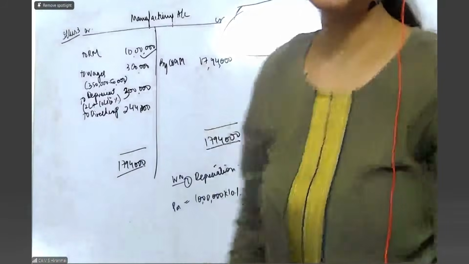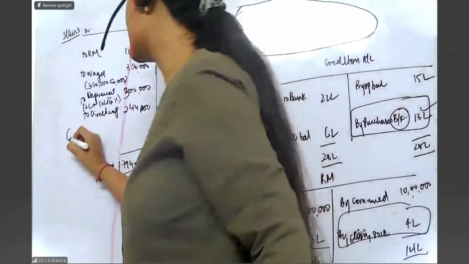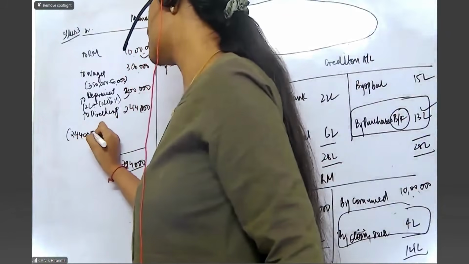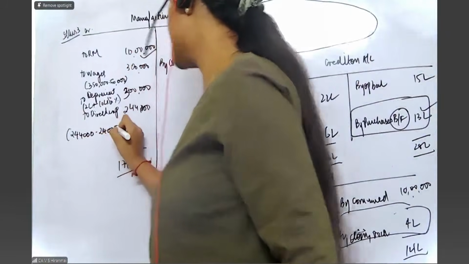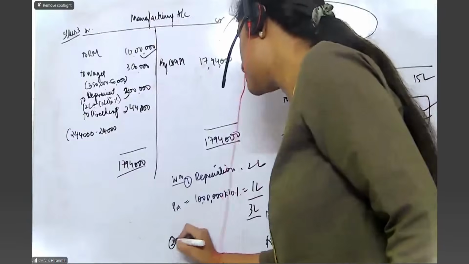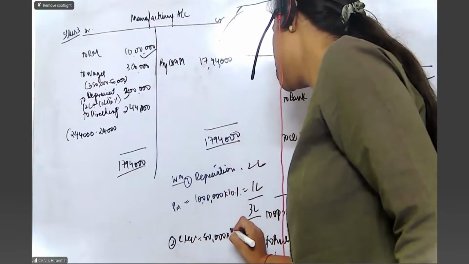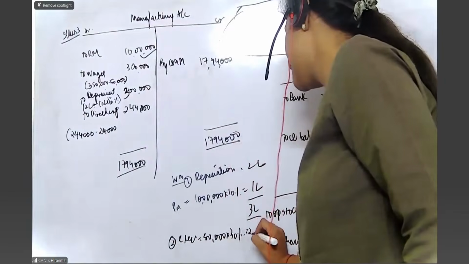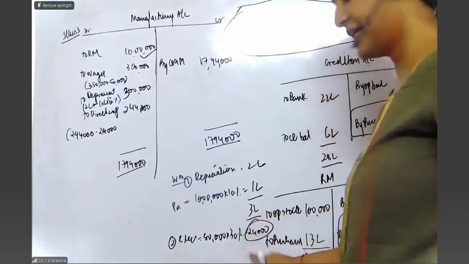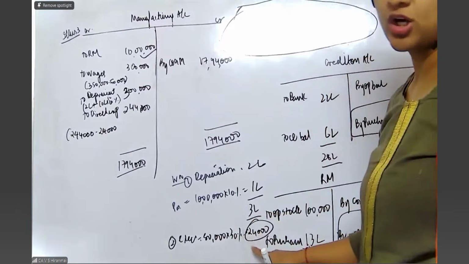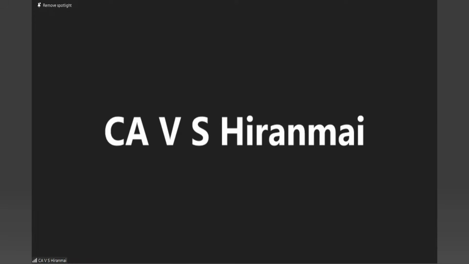Out of 2,44,000, 24,000. How, madam, 24,000? Electricity charges total 80,000 into 30 percent is 24,000. This pertains to the office. So subtract that particular value, that is 24,000.